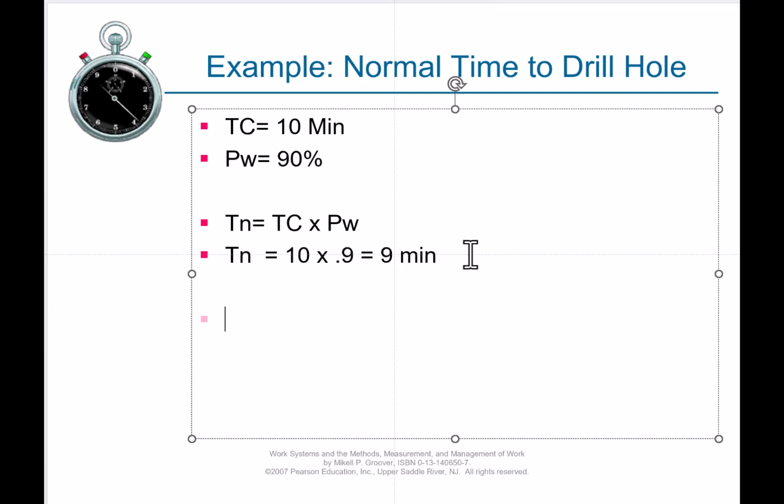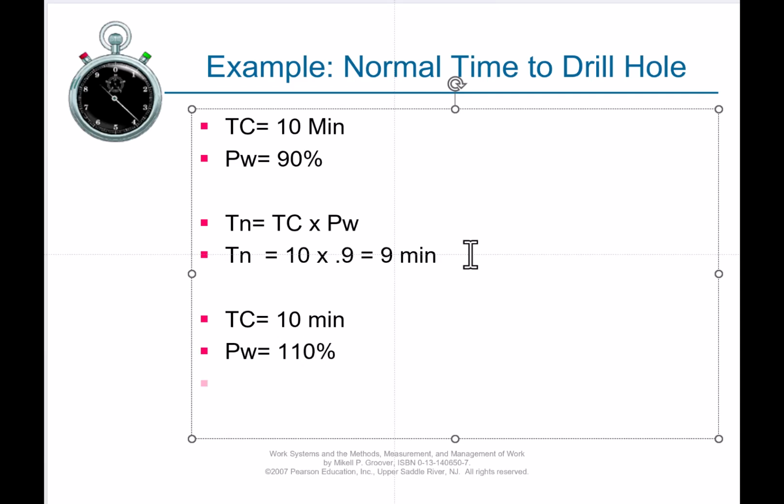What happens if we have an observation time of 10 minutes and then we have a worker whose performance was at 110%?